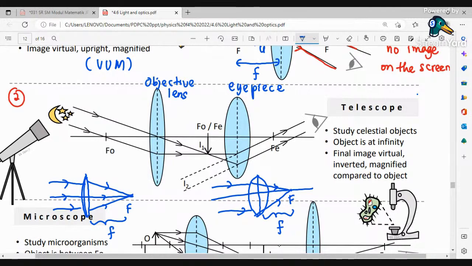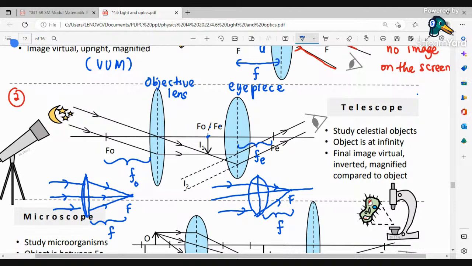So look at here for the eyepiece, the focal length is shorter than the objective lens. Okay, ini ialah eyepiece punya, ini ialah objective. Okay, and then at this point, FO and FE are placed at the same position.